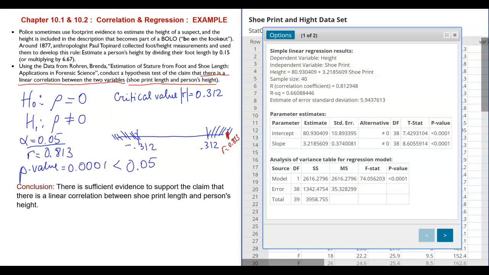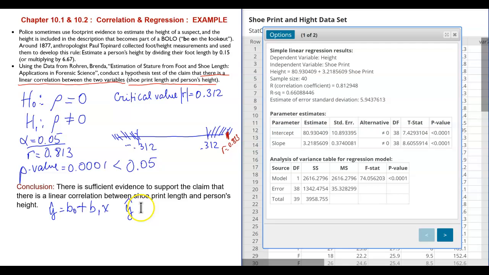Let's write it down. Y hat equals b0, the y-intercept of the regression equation, plus b sub 1, the slope of the regression equation, times x, the independent variable, which in this case is the shoe print.